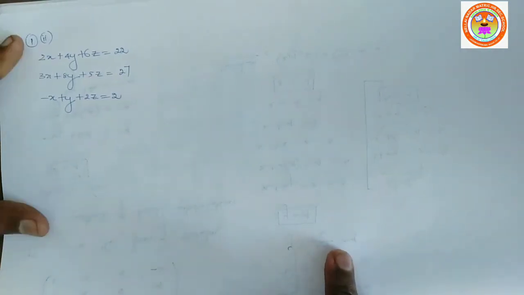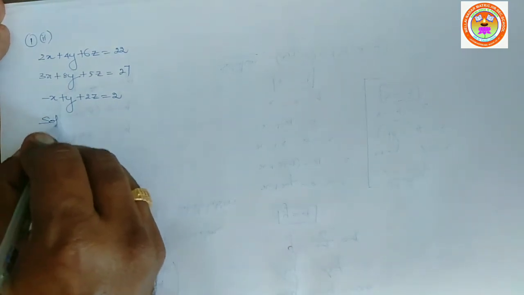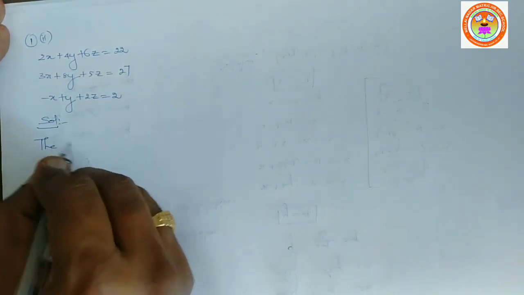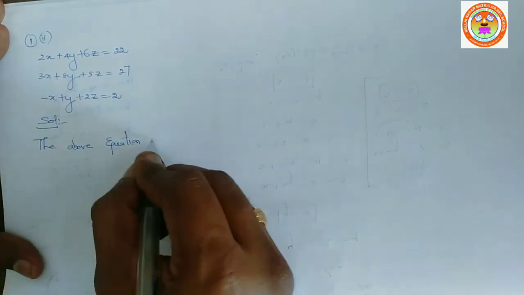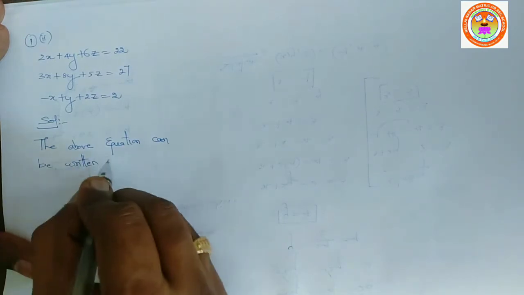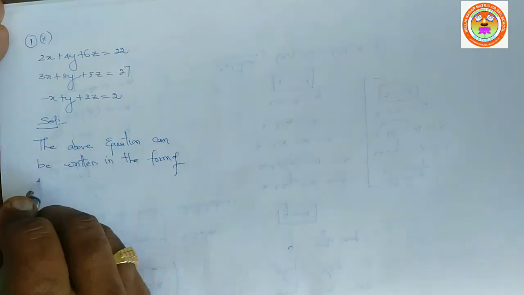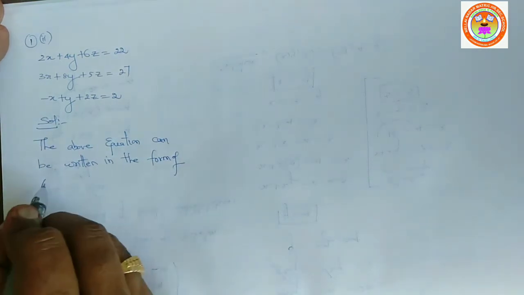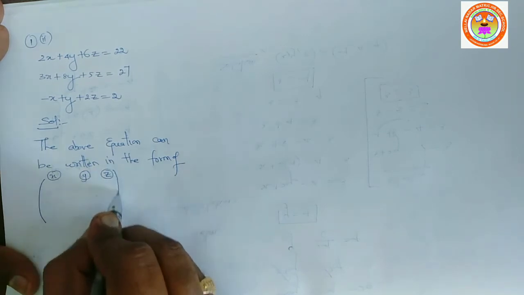First sum, second subdivision. Solve the following system of linear equations using the Gaussian elimination method. The above equations can be written in the form of a matrix. First x coefficient, y coefficient, z coefficient.